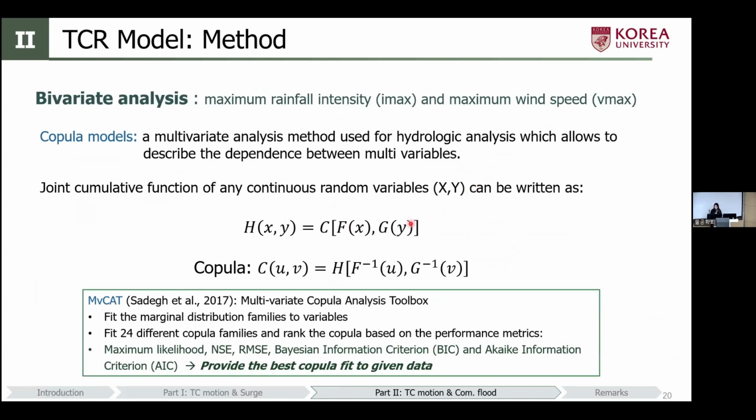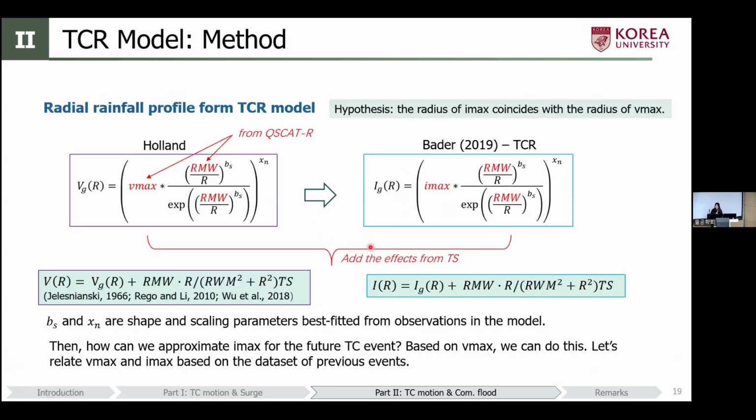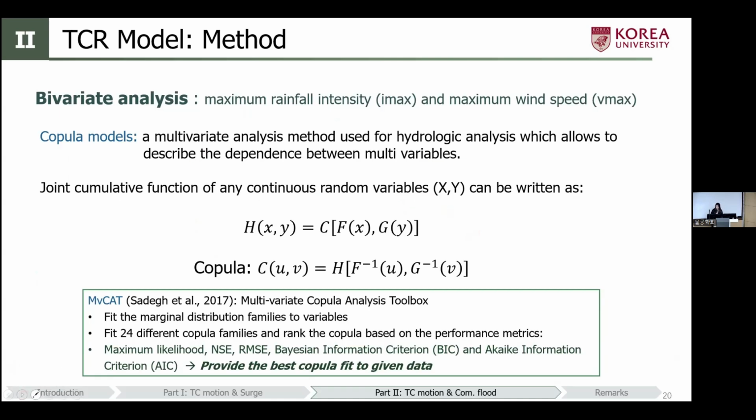And we use the copula method that can help us find the relationship between the maximum wind speed and the maximum rainfall intensity. Once we find the relationship, then we can revise this formula in our model.